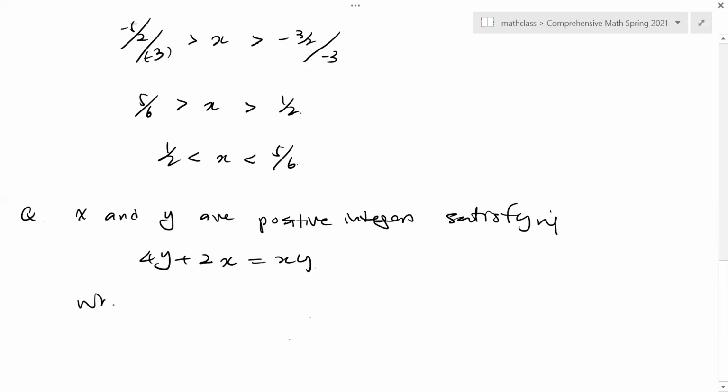The question is, what is the largest possible value of this one side, x times y, or 4y plus 2x? It doesn't matter because they're always equal, right?